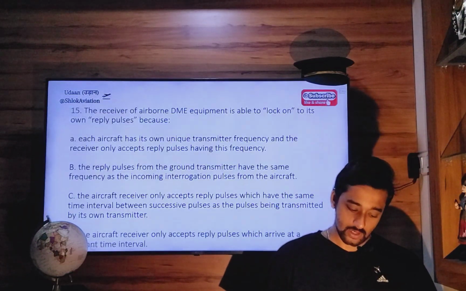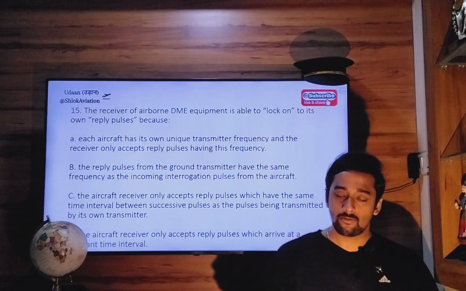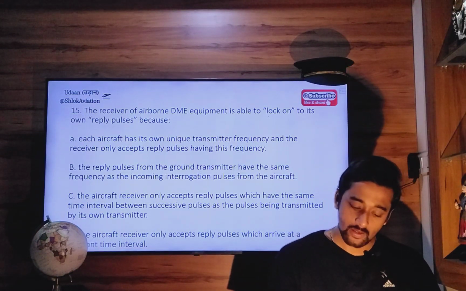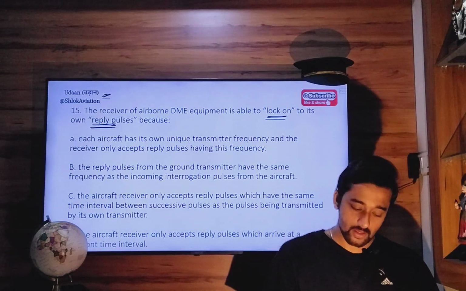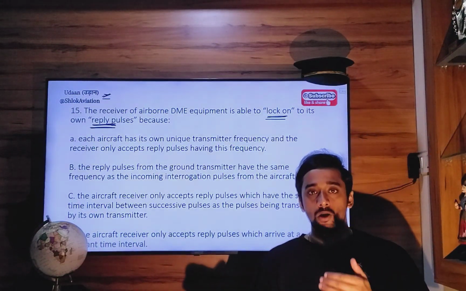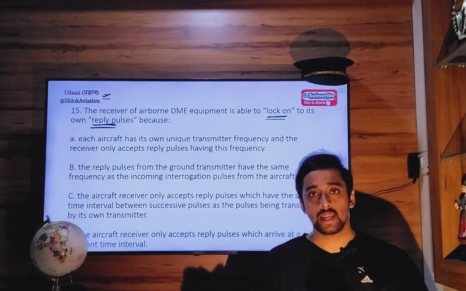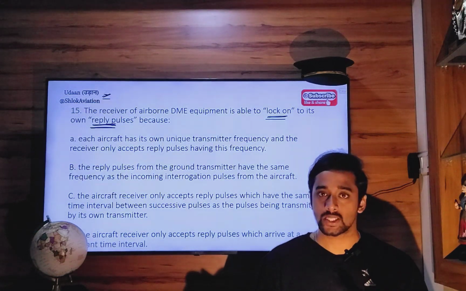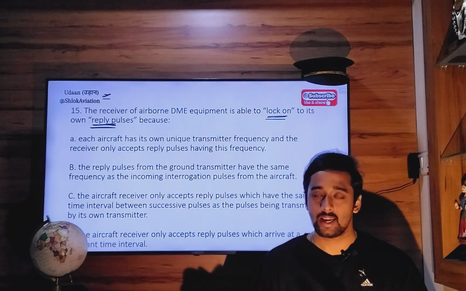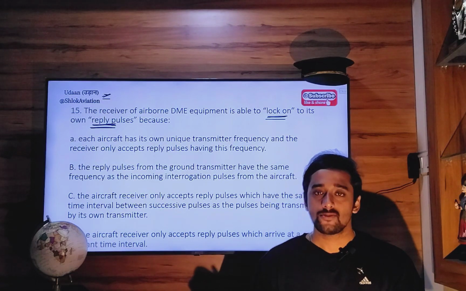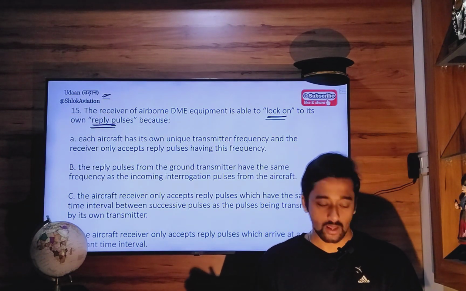Next, the receiver of airborne DME equipment is able to lock on to its own reply pulses, meaning it will accept only those reply pulses which are exclusive and unique to itself, and reject all reply pulses intended for other aircraft. Now, how is that done?